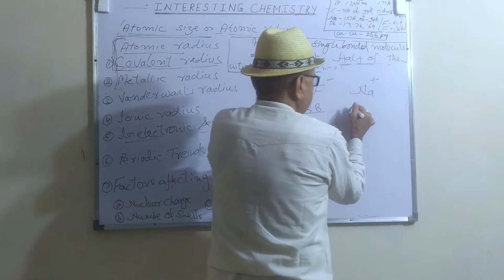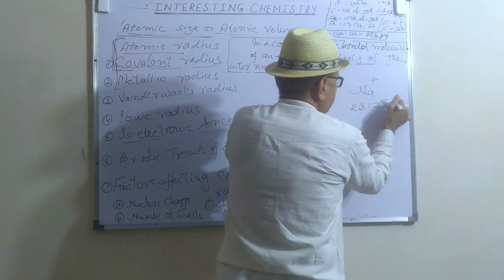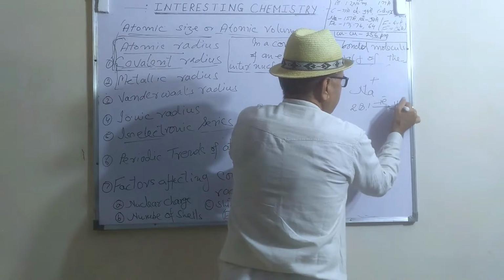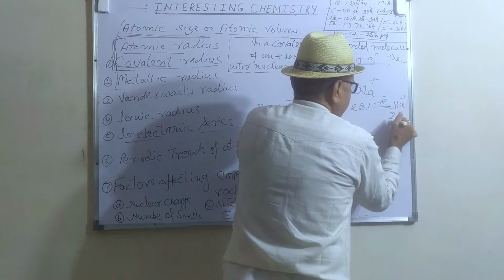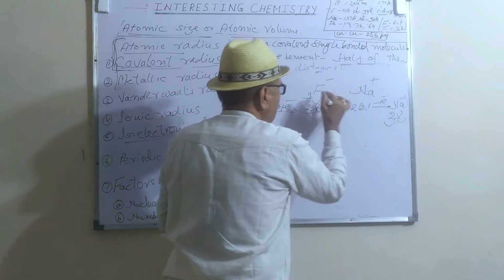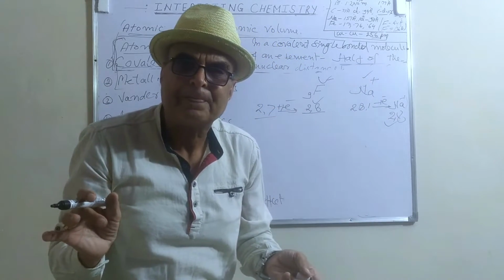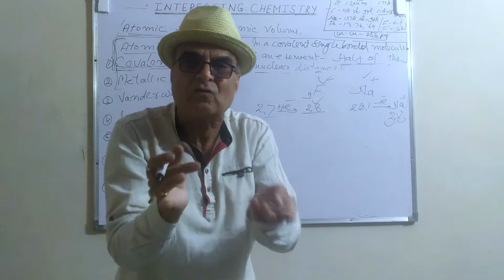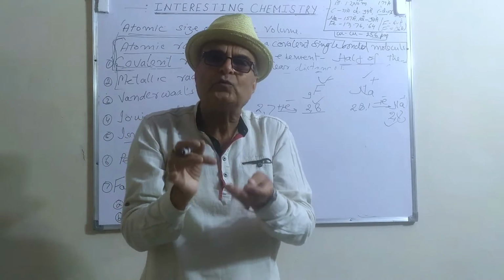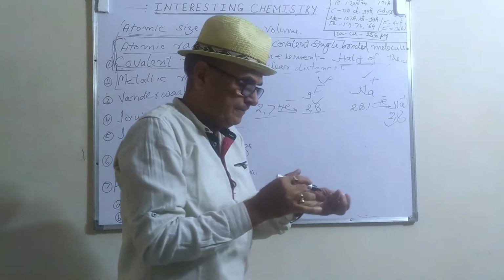And sodium is 2,8,1. When 1 electron is lost by the sodium, it will be sodium positive, 2,8. So the electronic configuration of both ions is similar. So these ions are called isoelectronic ions.